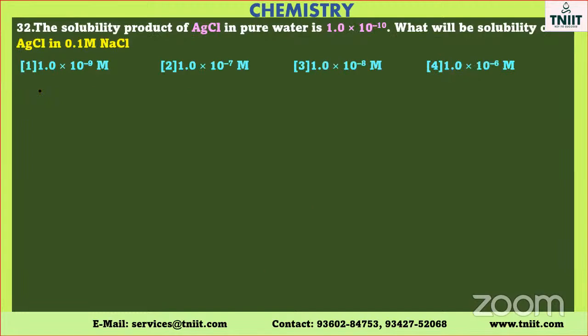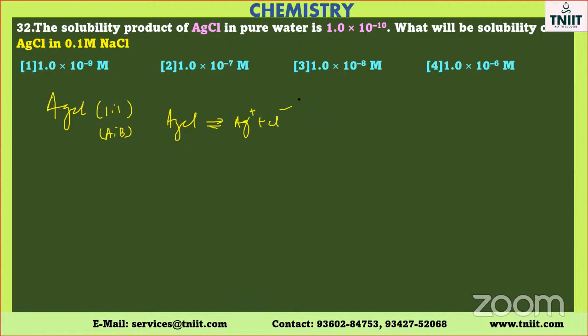Next question. The solubility product of AgCl in pure water is 1.0 into 10 to the power minus 10. What is the solubility of AgCl in 0.1 molar HCl? Now, AgCl is a 1:1 electrolyte, or AB type electrolyte, because AgCl will dissociate to form one positive ion and one negative ion.